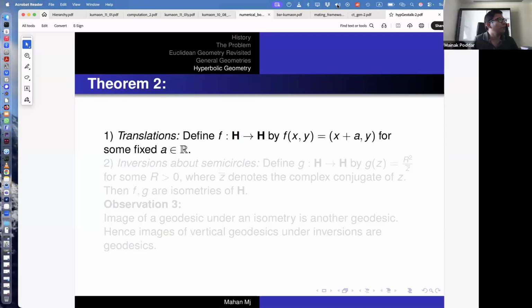Sorry, there is one more question on the YouTube chat. It's asking, is the length minimizing path the same as the energy minimizing path for a particle traveling from one point to another? The answer is yes. The thing is, it depends on what you mean by energy.